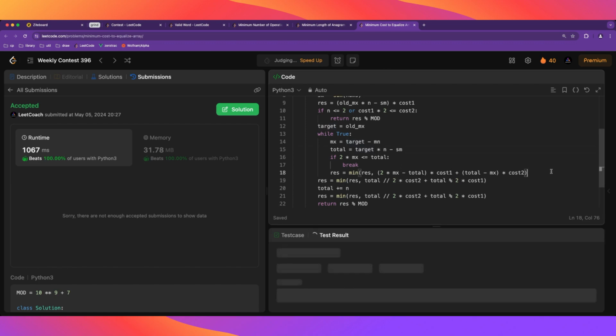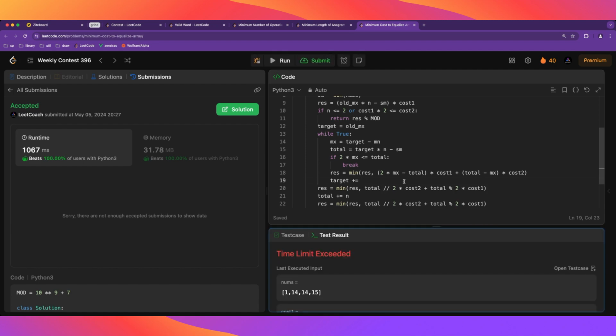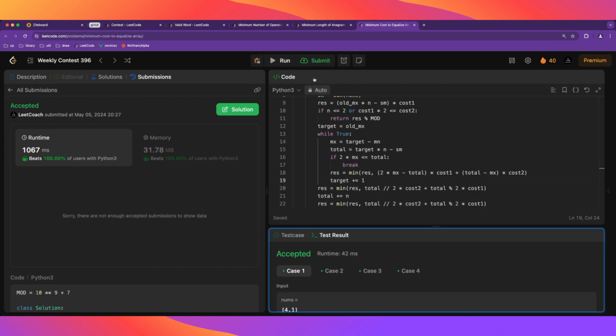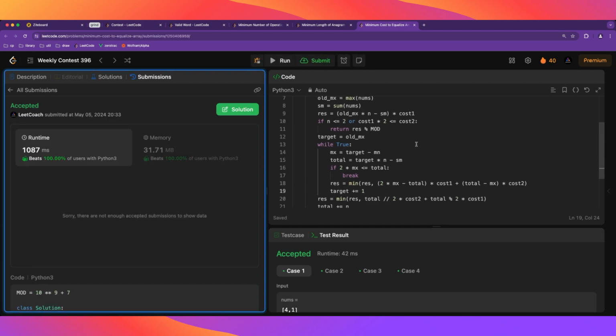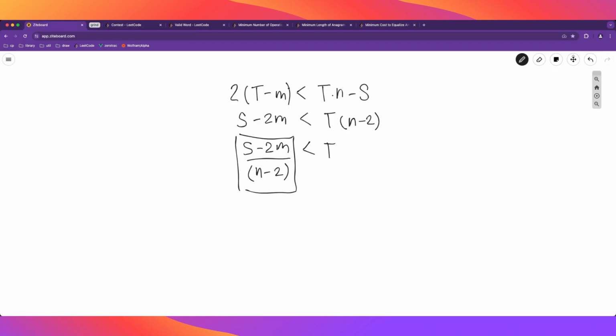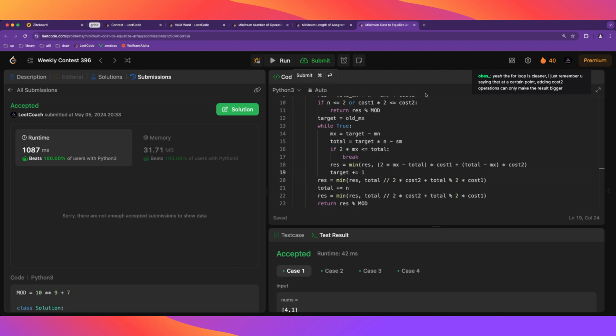Oh, but I forgot to increment, so this is an infinite loop. Yeah, this is a different way of doing it without figuring out this inequality. Yeah, the for loop is cleaner.